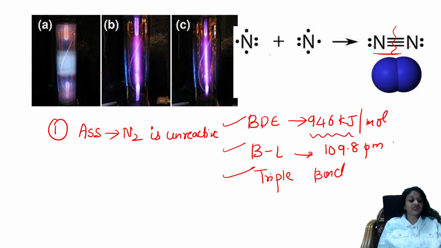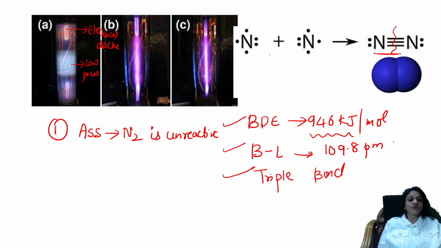See this diagram, students. When you send nitrogen gas, you create low pressure inside and high electrical discharge. When you create high electrical discharge at low pressure, immediately the nitrogen gas starts dissociating.